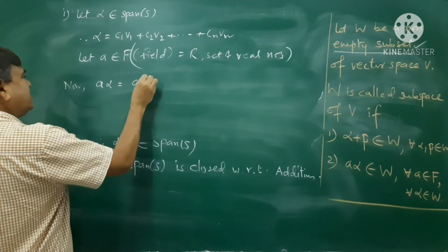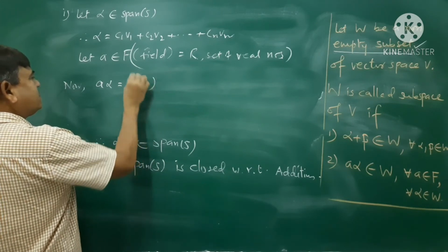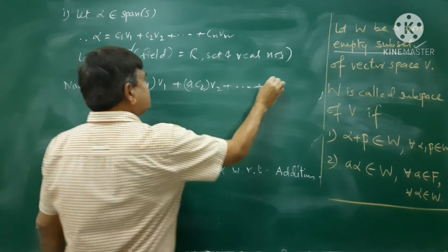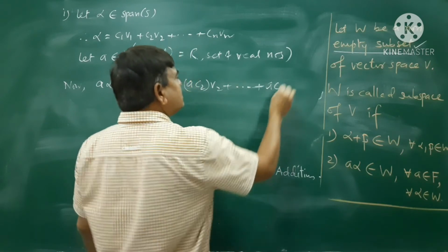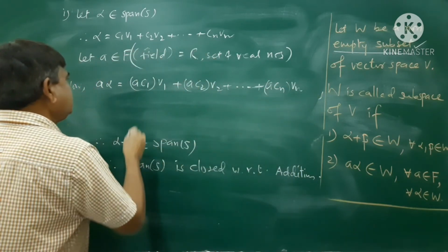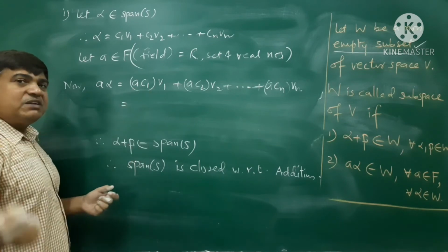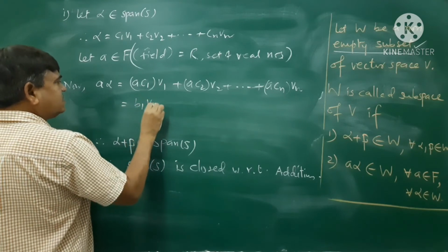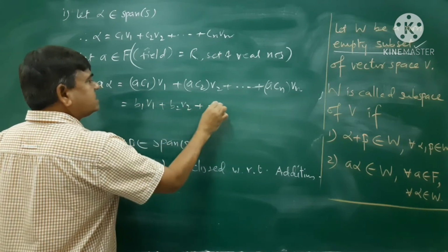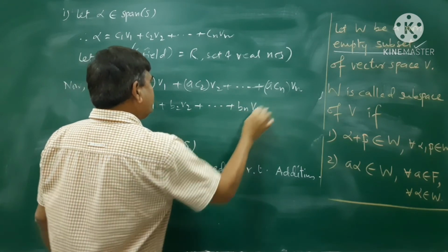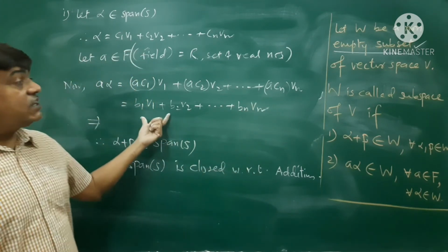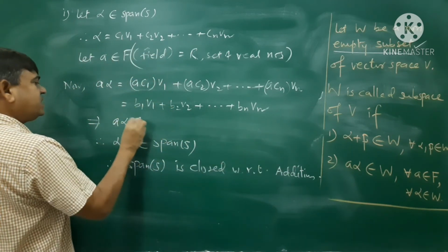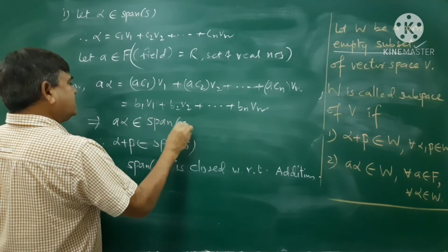It will be A C1 of V1 plus A C2 of V2 up to A Cn of Vn. This is a scalar, this is also a scalar. Multiplication of two scalars is again a scalar. So suppose I write this as B1 V1 plus B2 V2 up to Bn Vn. Because this is a linear combination of V1, V2 up to Vn, this implies A alpha belongs to span of S.